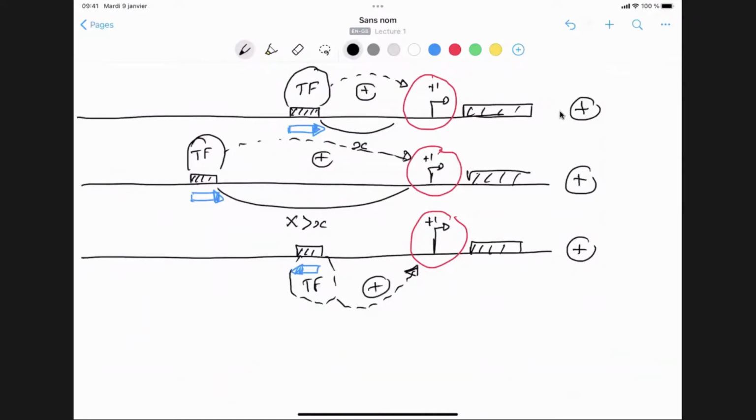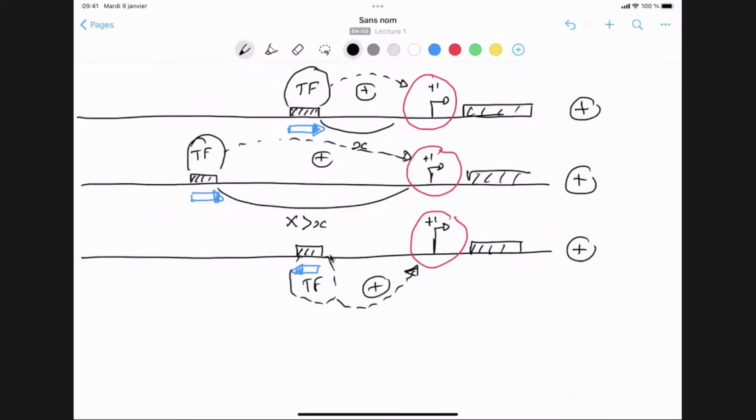If you look carefully at this awful drawing, sorry about that, the localization of the binding site of the transcription factor doesn't have a big impact in terms of activation because DNA can bend.